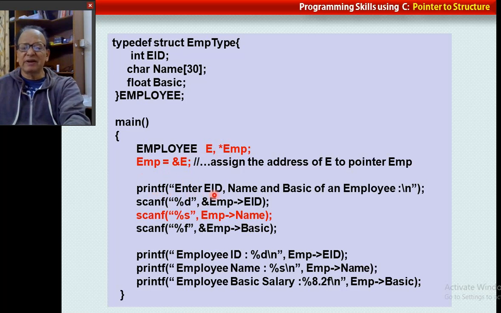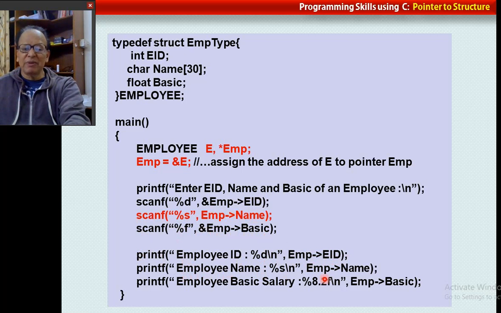Now printf, enter EID and name and basic salary of the employee. So what I do is scanf %d ampersand EMP arrow EID. Similarly, as you see here, EMP arrow name, you scanf %f ampersand EMP arrow basic. To print, therefore, what I do is printf %d EMP arrow EID.